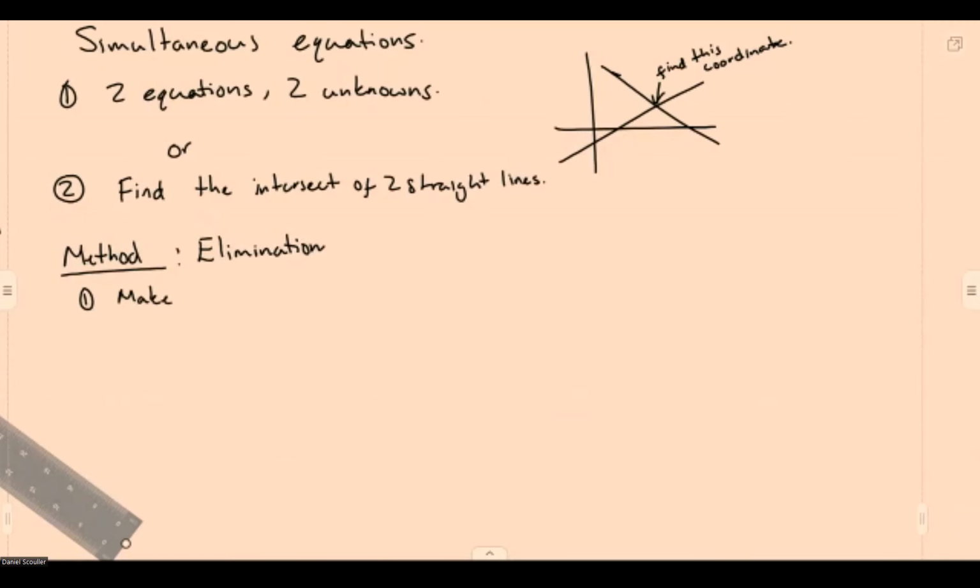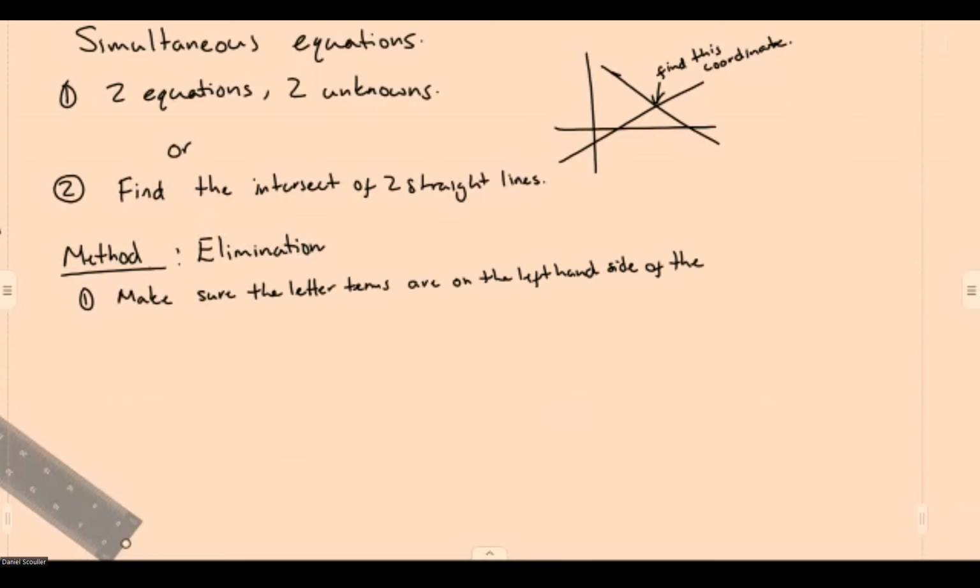First step then. When we get to equations, we need to put them in the same sort of form.